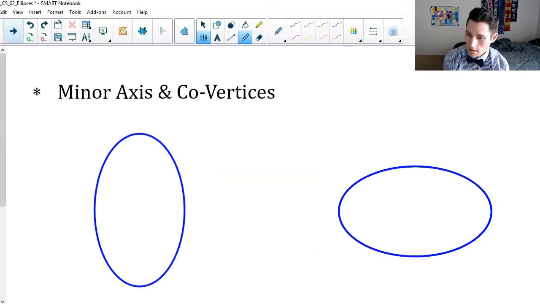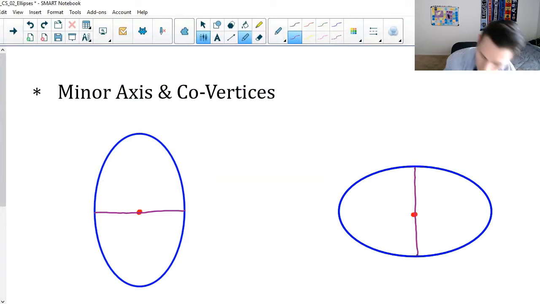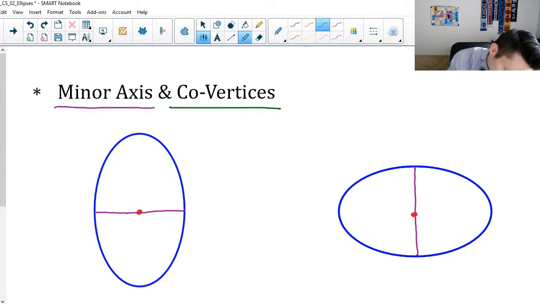Minor axis and co-vertices. So same thing. Let's say we start, here's the center. Then the minor axis will go through the shorter side. Okay, like this. So that's the minor axis. And the co-vertices will be those points that are on either side of the minor axis.